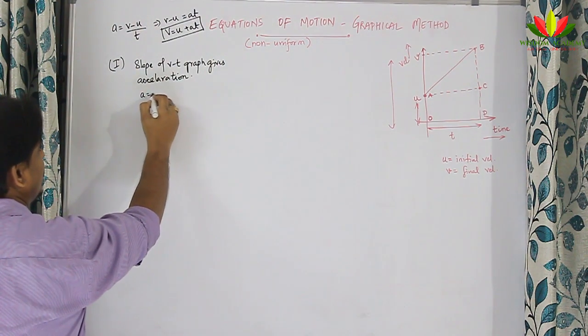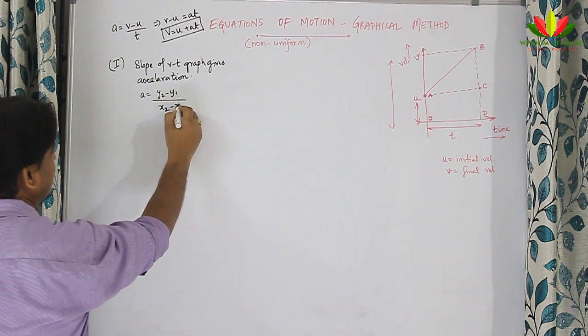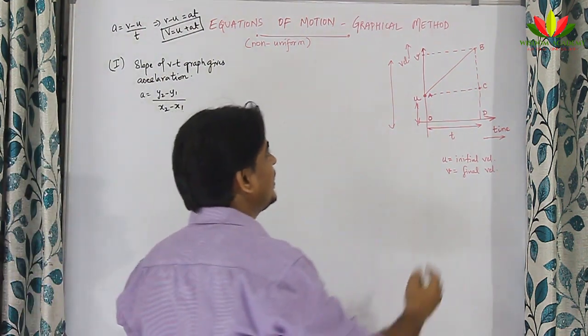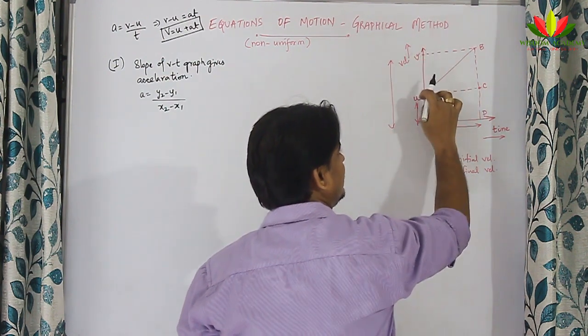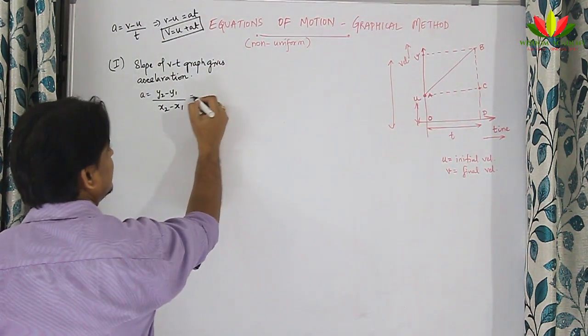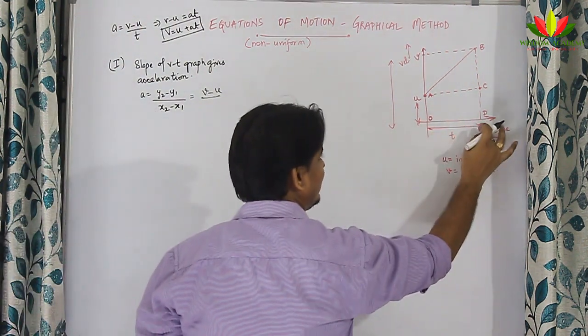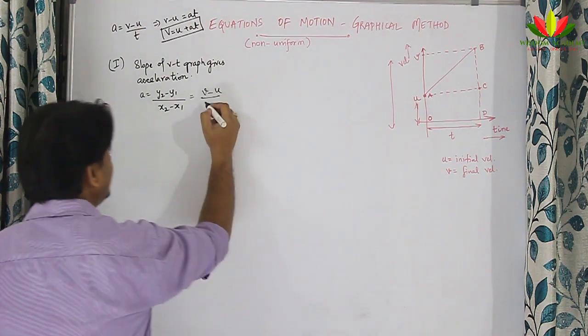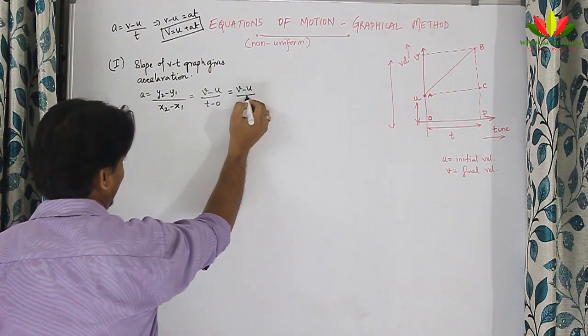So a is equal to (y2 minus y1) by (x2 minus x1). What is y2 minus y1? This minus this, isn't it? So y2 is v, this is u. So it is v minus u by, what is x2? This point t, this point 0, t minus 0. So I got (v minus u) by t.